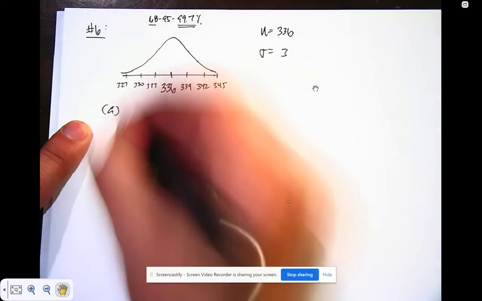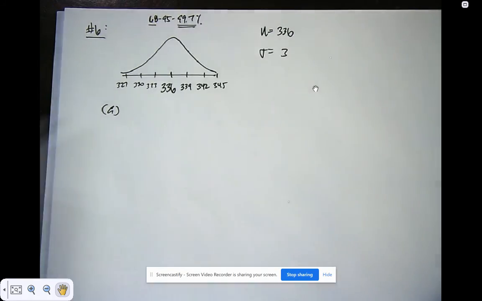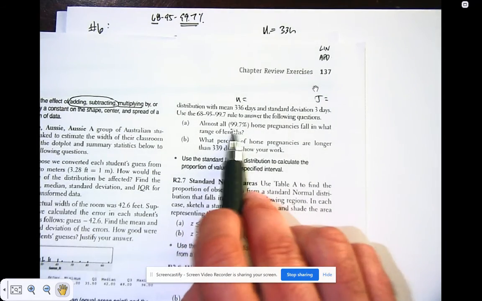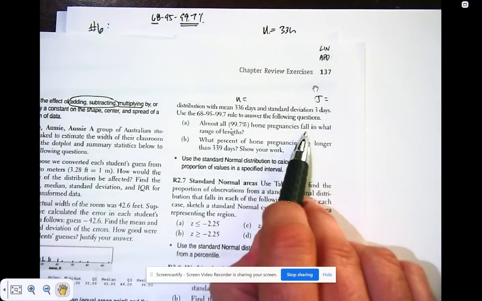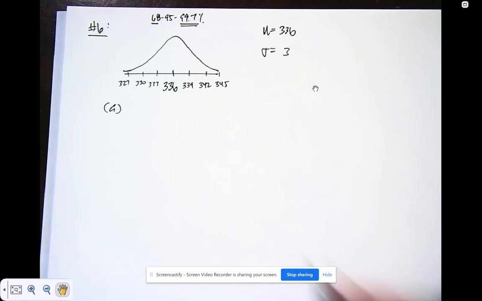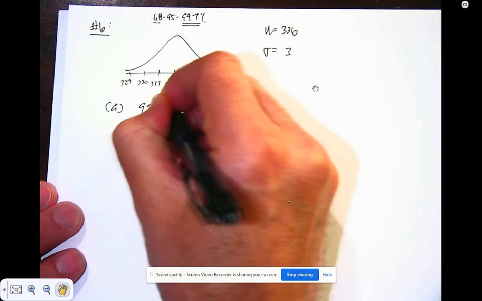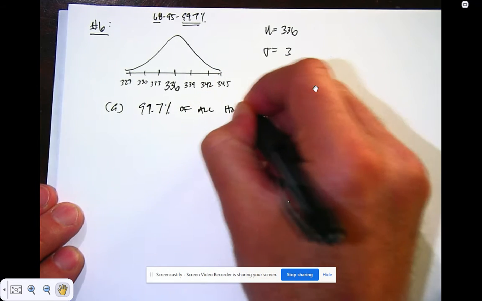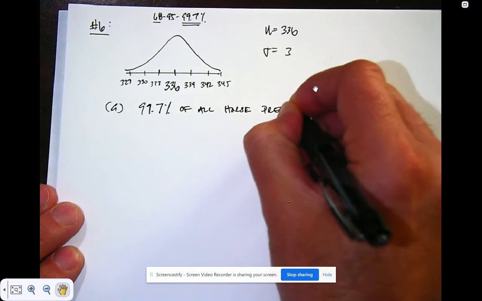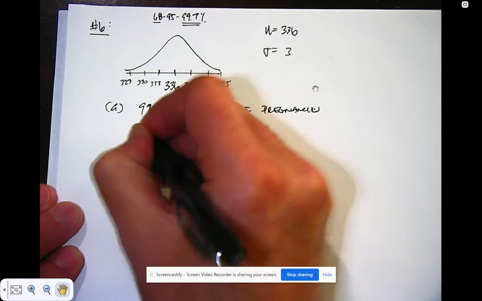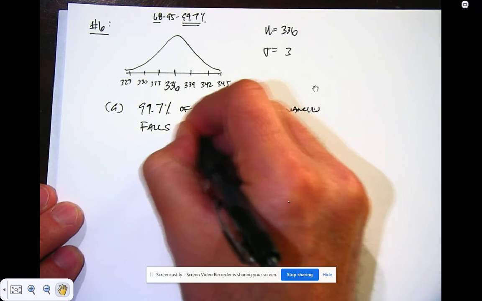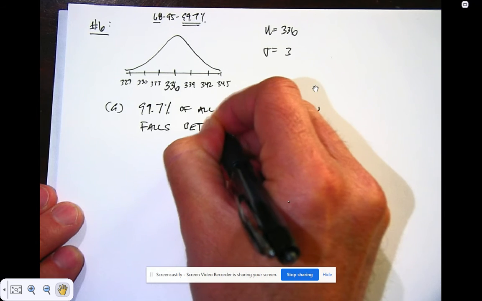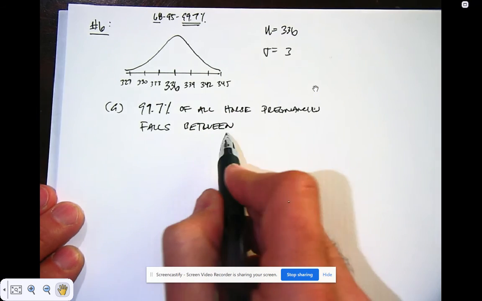Okay. And so question A says almost all, 99.7% of horse pregnancies fall in what range of lengths? So 99.7% of all horse pregnancies falls between 3 standard deviations away.